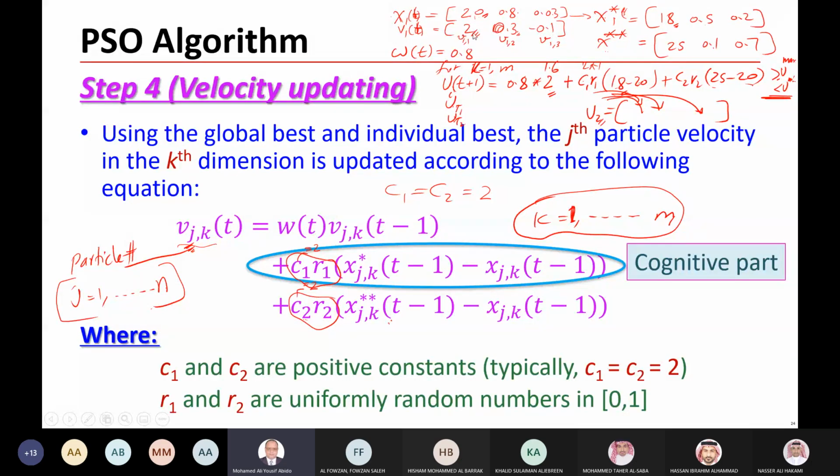So the velocity could be 2, or minus 2, minus 3. Minus 3 will be in the opposite direction of plus 2. So for each dimension, each particle has its own velocity. Any other question? Thank you, Doctor. It's clear. Okay, thanks. Any other question?